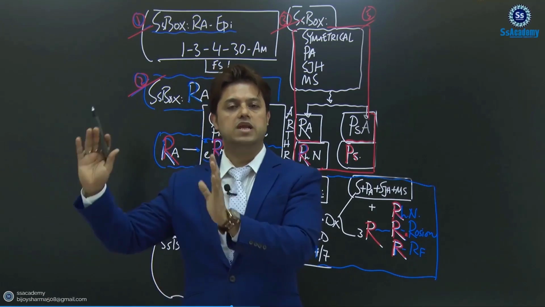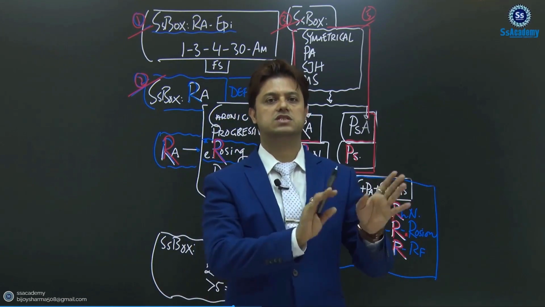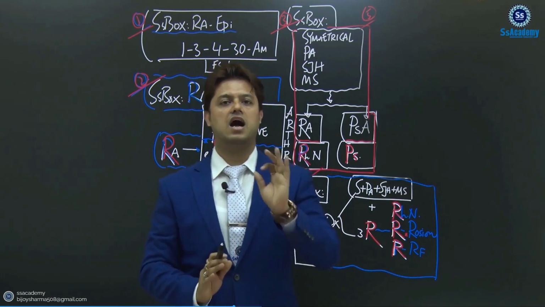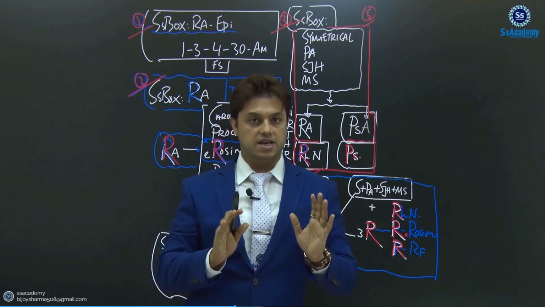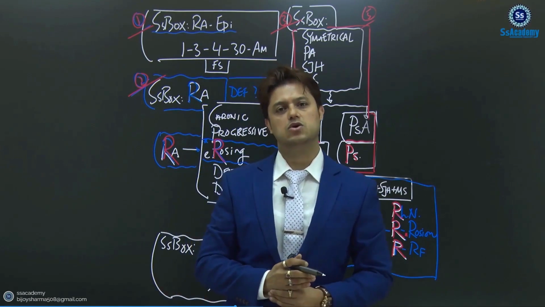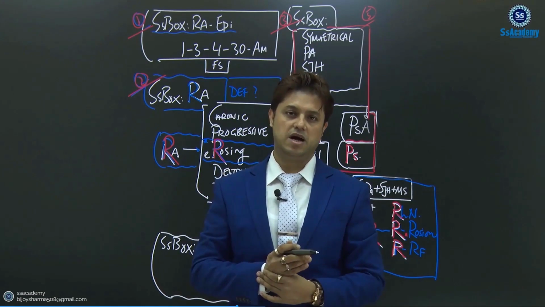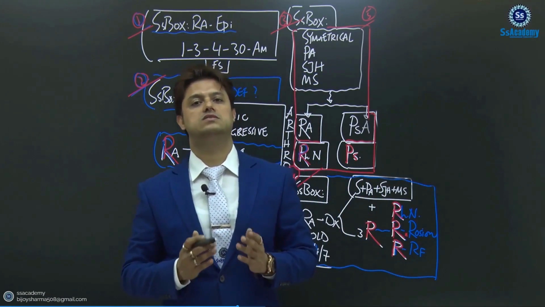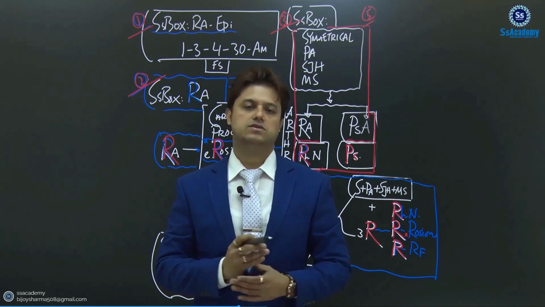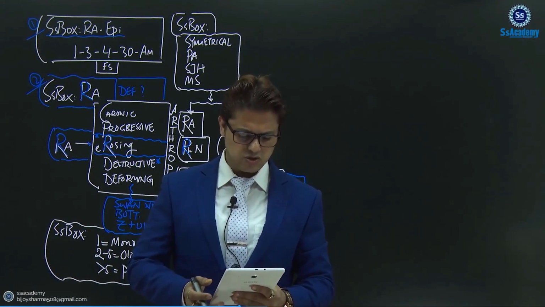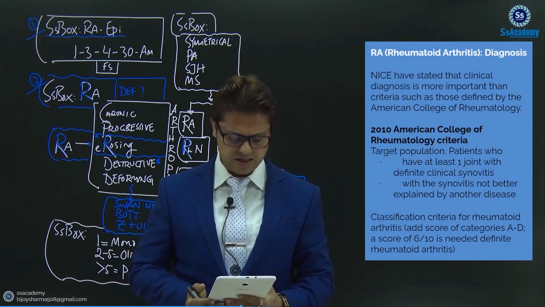And once again, the old diagnostic criteria are nothing but the symmetrical polyarthritis, small joints of the hands, morning stiffness, the 4, plus 3 R. R for rheumatoid nodules, R for radiologic, meaning erosion, my dear, and R for rheumatoid factor. 3R is really important, my dear, and that should be present for more than 6 weeks, with a minimum of 4 of 7 for the diagnosis, my dear.